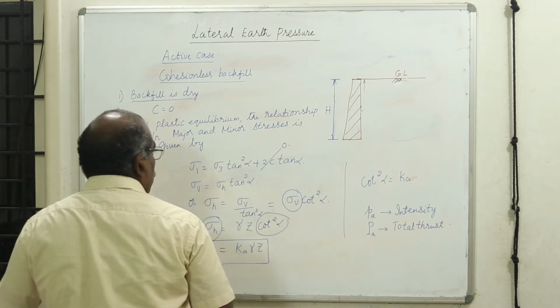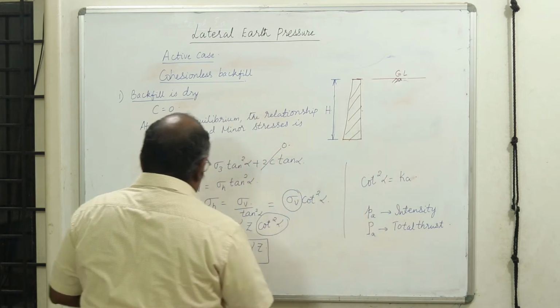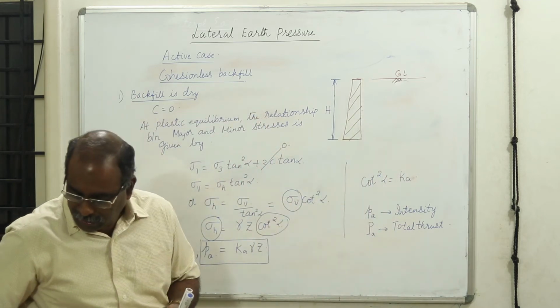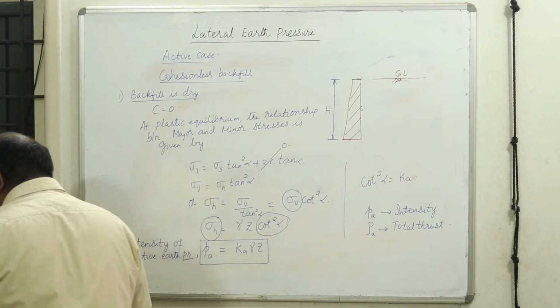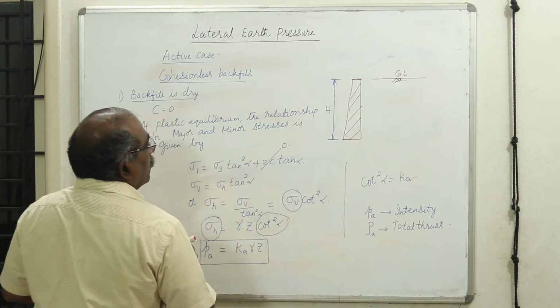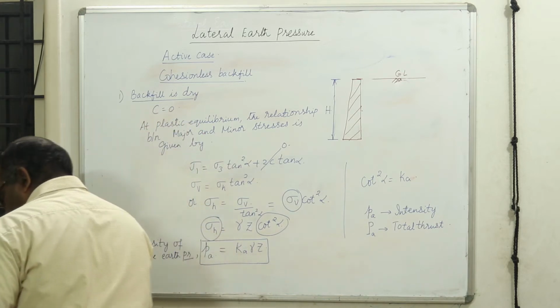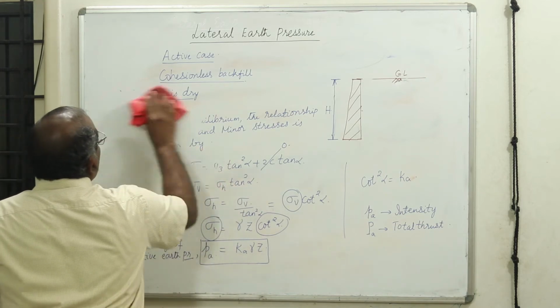This is the expression for the intensity of pressure, and we need to find out the total thrust. Now let us try to draw the pressure distribution diagram. How does it look? Now let us substitute the limits.